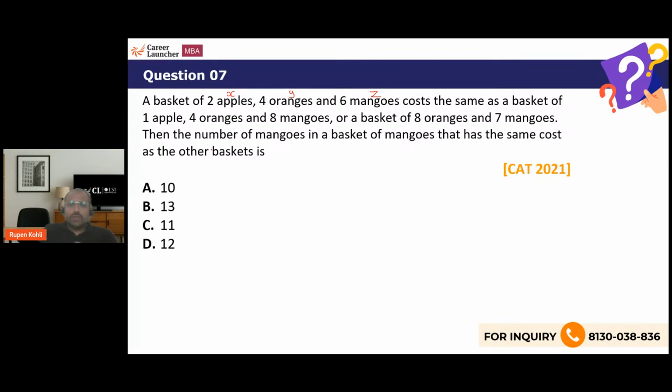Then we have our equation. 2x plus 4y plus 6z is the same as x plus 4y plus 8z, which is also the same as 8y plus 7z. Now, one helpful thing for us is that between the first two equations, the y parameter cancels off.